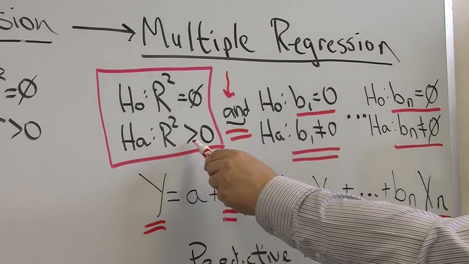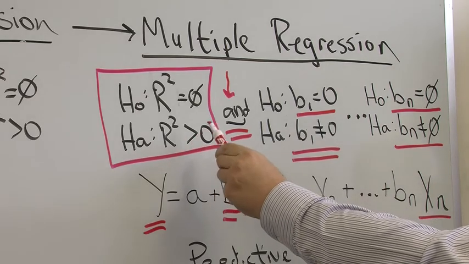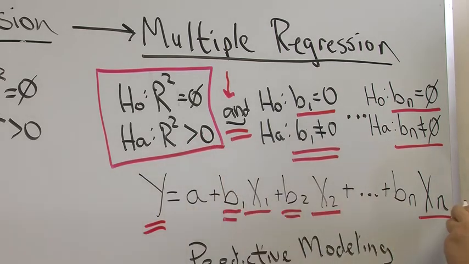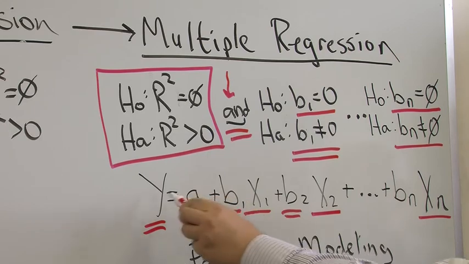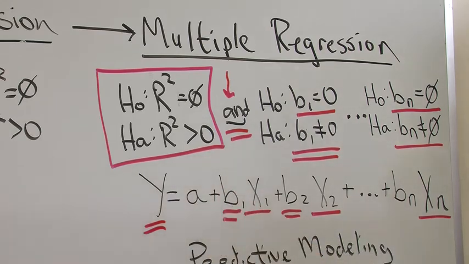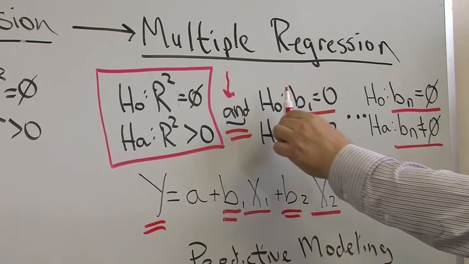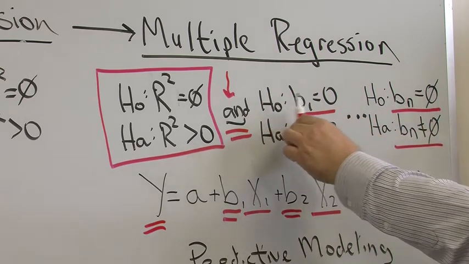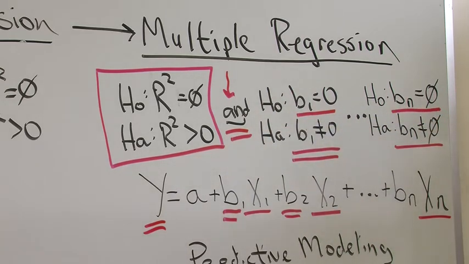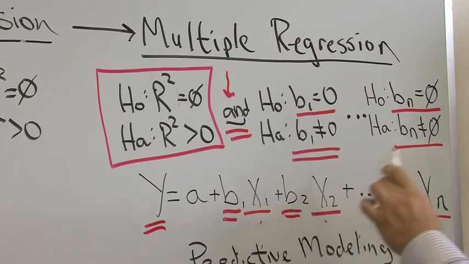So again, I want to go back up to this part. This asks the question, does the whole regression model help predict the dependent variable? This portion of the hypothesis testing asks the question, does x1 help? Yes or no. Does x2 help?